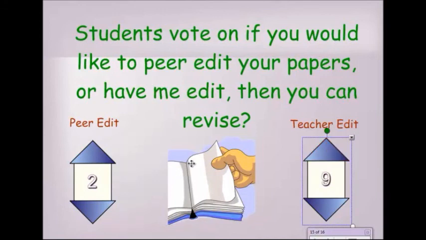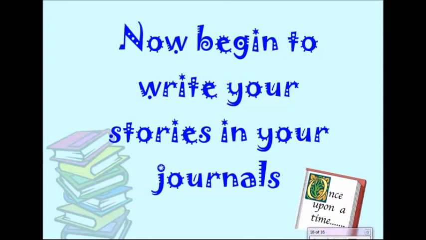You know, it's a very cool way to keep track instead of raise your hand and the teacher counting. This is a more interactive way for students to get excited. And after that point, this is for the students to now begin writing the short stories in their journals.